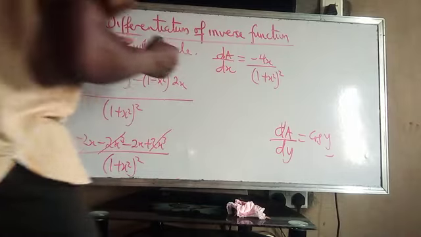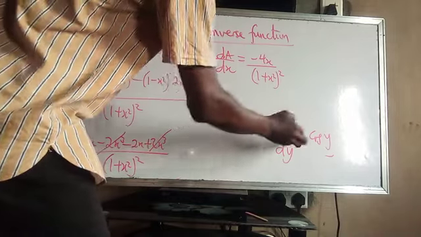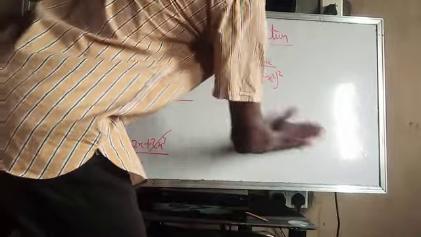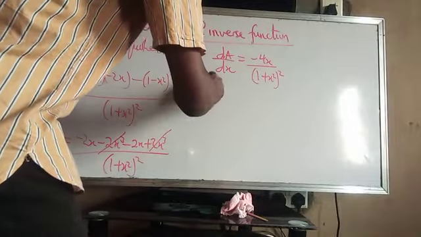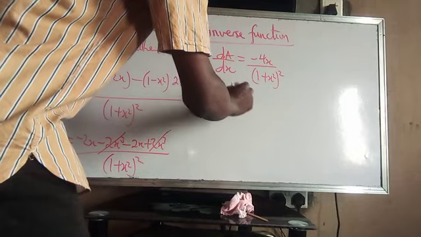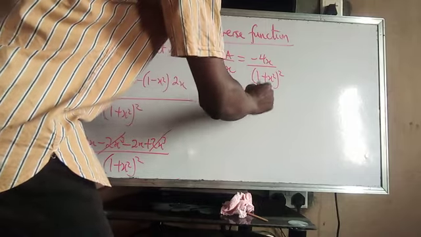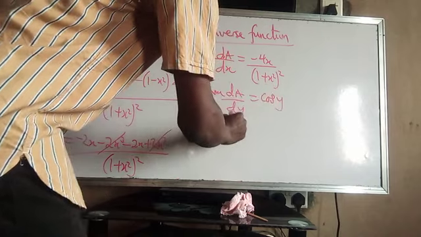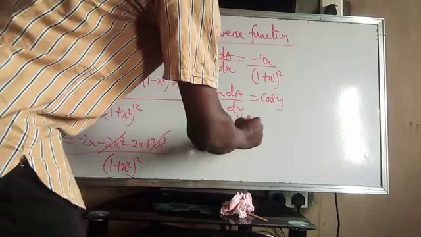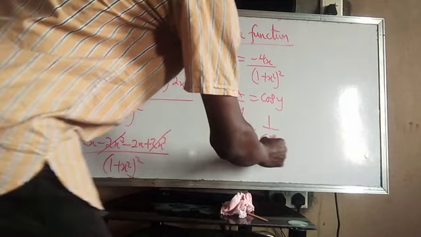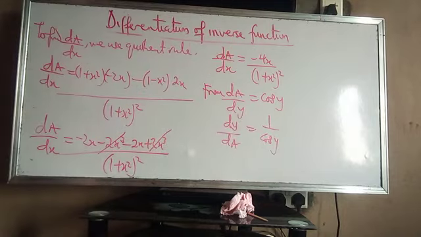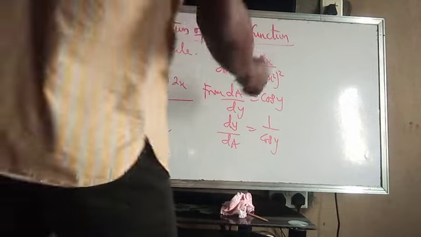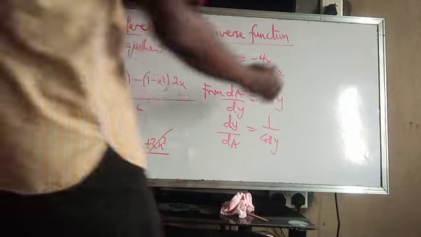Now, if I want to get dy/dA, so recall, dA/dy equals cos y. dy/dA will be 1 over cos y. I hope we are following. Okay, that's the inverse.